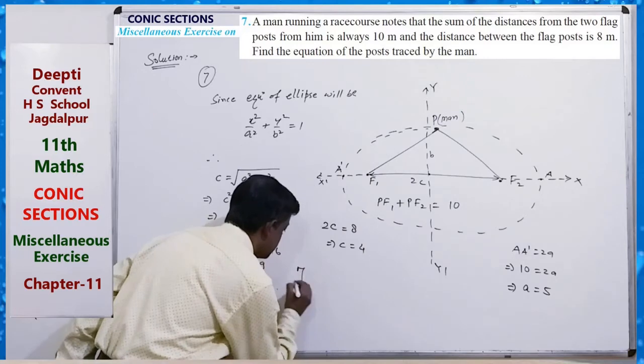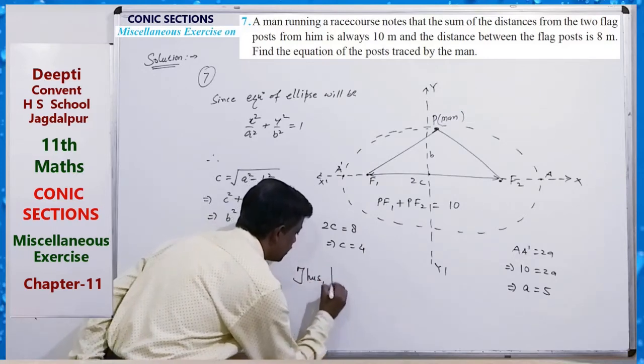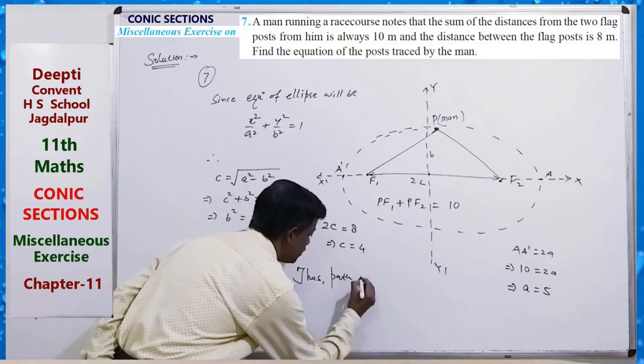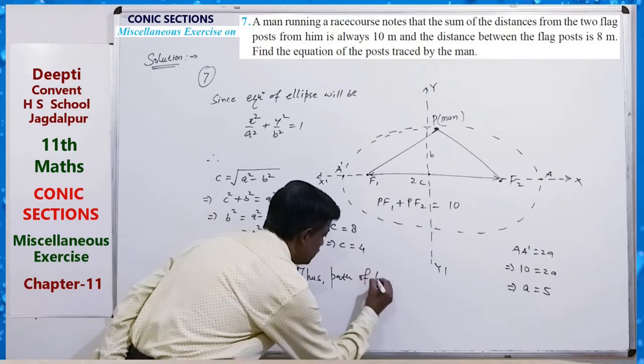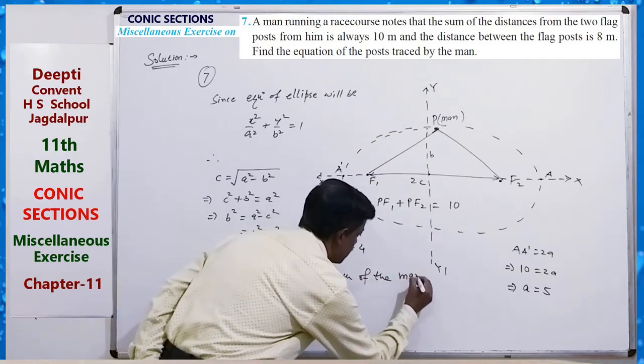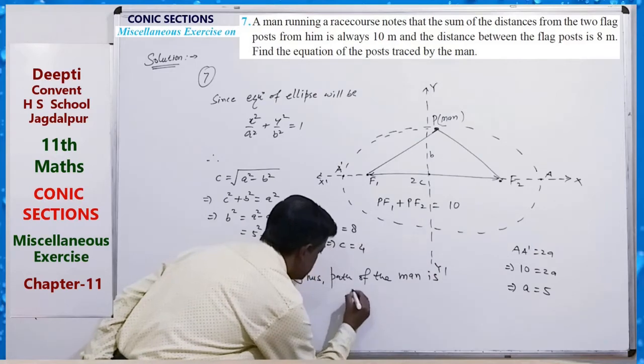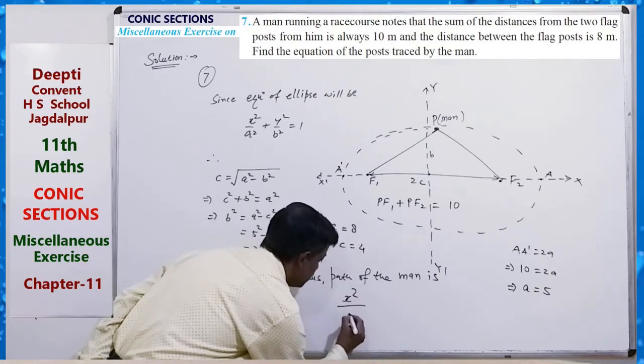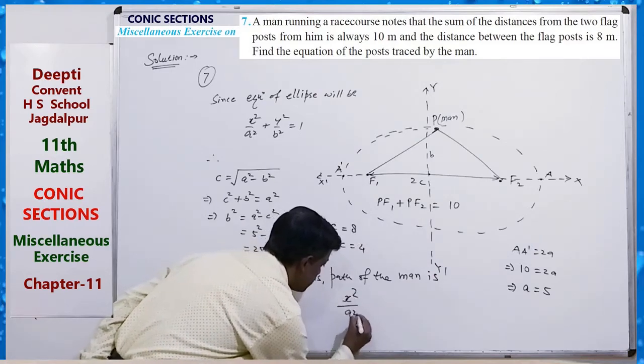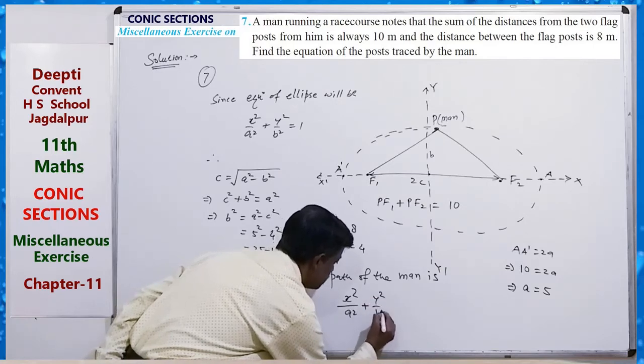Thus the path of the man is an ellipse: x square by a square plus y square by b square equals 1.